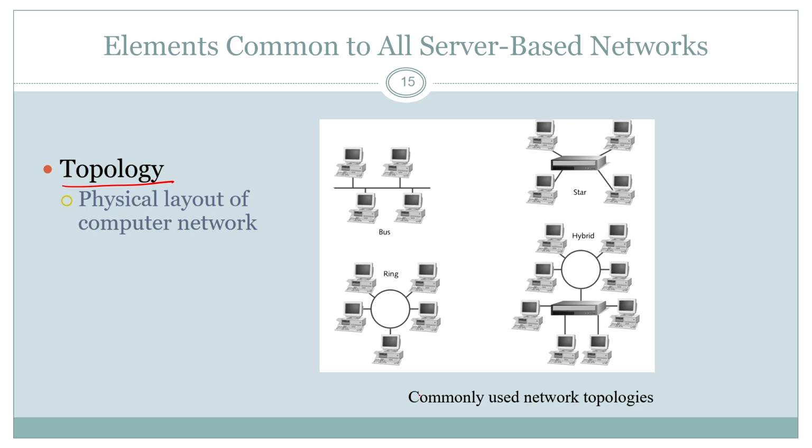Then the star connection: you need a device in between, something like an Ethernet port or a switch, on which computers are connected, and then this switch manages the interconnections in between. And a hybrid is a connection of any of these put together, which gives you what you call a hybrid network. So, the commonly used network topologies are bus, ring, star and hybrid, and topology literally means how the network is physically laid out.